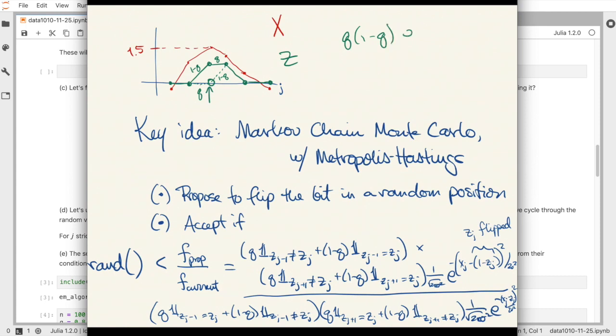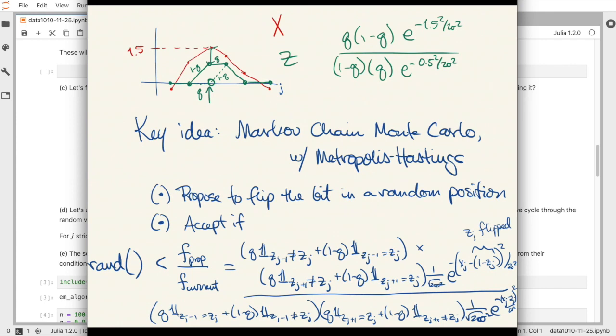Then for the Gaussian, we would get e to the minus 1.5 squared over 2 sigma squared. And then for the old state, instead, we would have 1 minus q and q for those two factors. And then the exponential factor would be e to the minus 0.5 squared over 2 sigma squared.